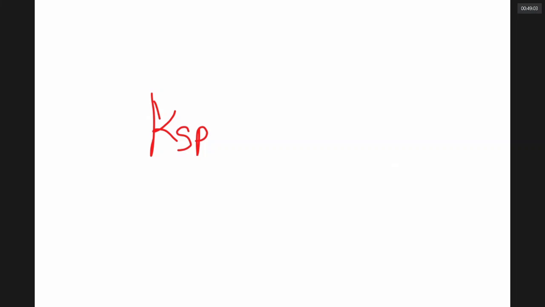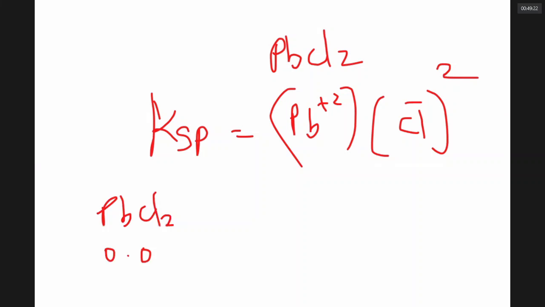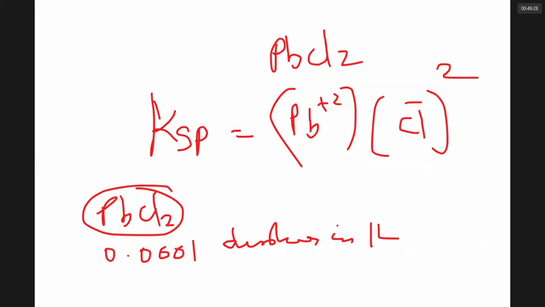For example, what is the solubility product of PbCl2? Solubility product of PbCl2 is equal to Pb plus 2 concentration into chloride ion concentration to the power 2. For example, if 0.0001 mole of PbCl2 dissolves in 1 liter of water, what is its solubility product?